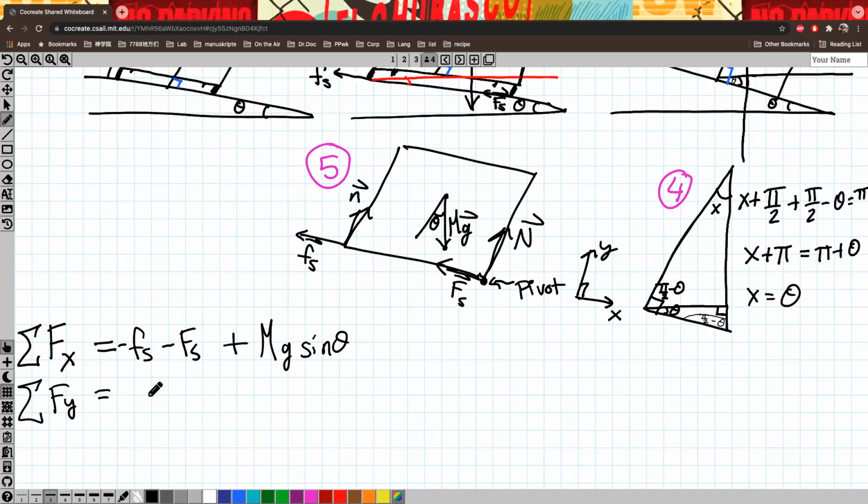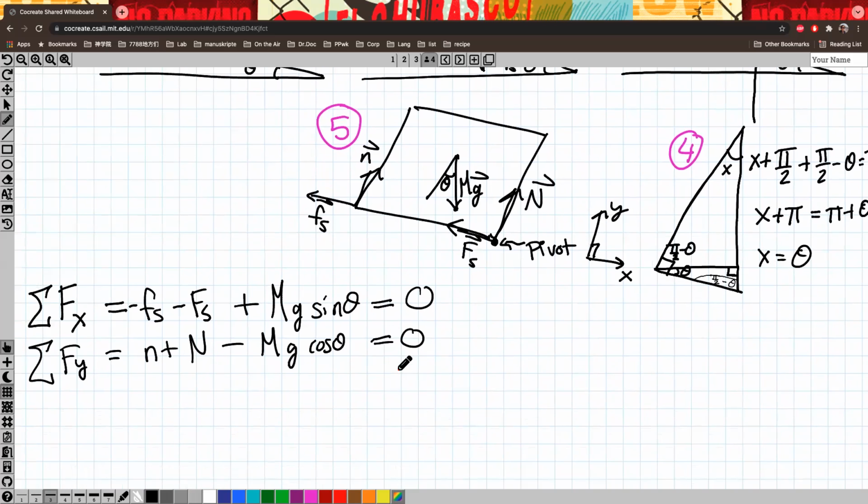Excellent. Now the sum of all y forces. It would be both normal forces minus mg cos theta. Excellent. And this is equal to what? It would be 0, because there's no acceleration in the x direction or in the y direction. Yeah, because it's equilibrium.